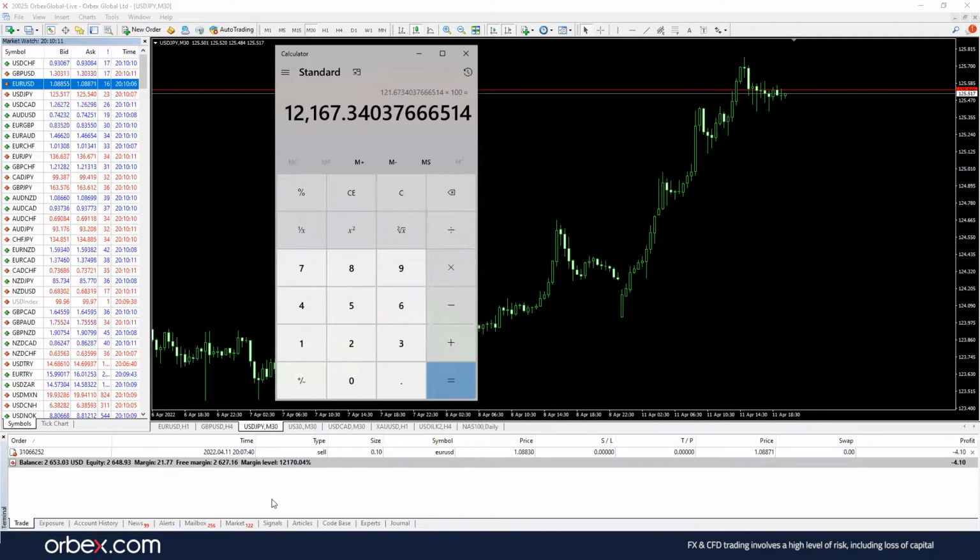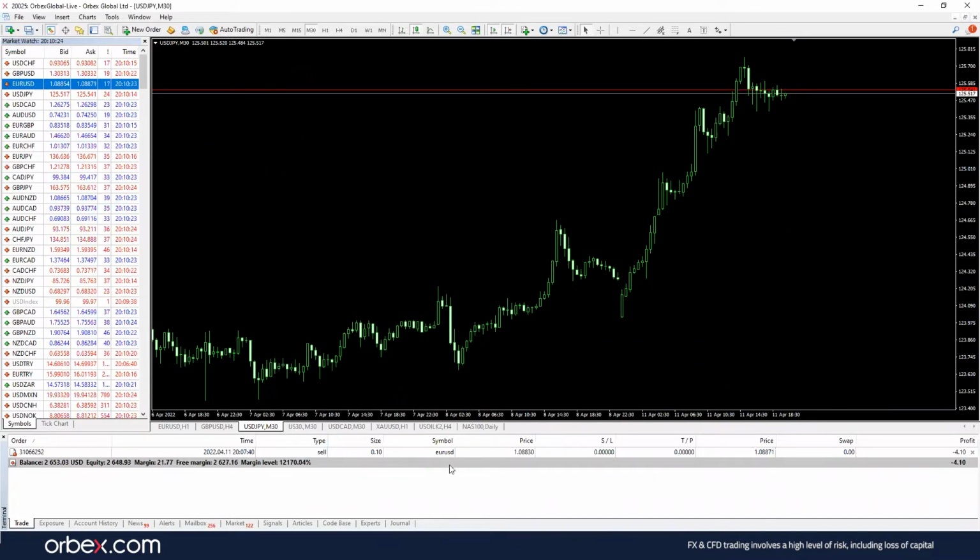This margin level is very important because if it drops to 100, this gray line here will turn red. This will give me an alert on my MT4 platform that my margin level has dropped to 100%, and I would have to start looking at my trades and maybe close some to help my margin level increase.